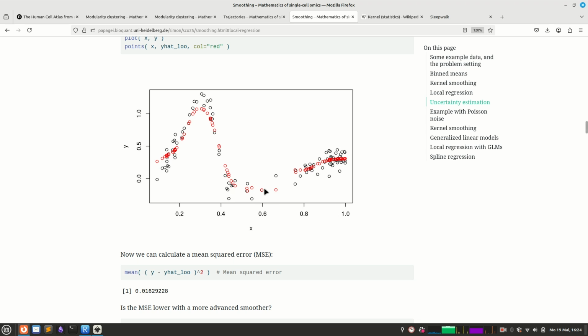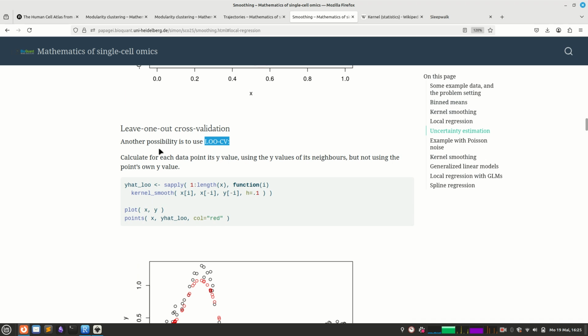So I take a data point, for example this one, and I ask, if I calculated a smoothed curve through all my data points but left this data point out, where would the line go through the x position of this data point? And the answer is here. So that's what I've done here.